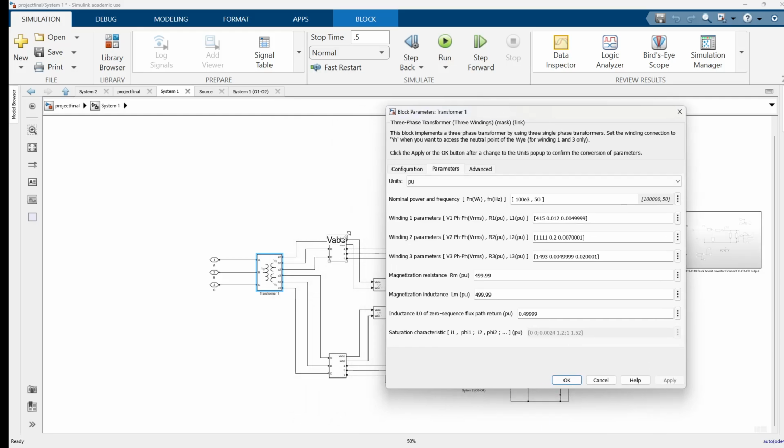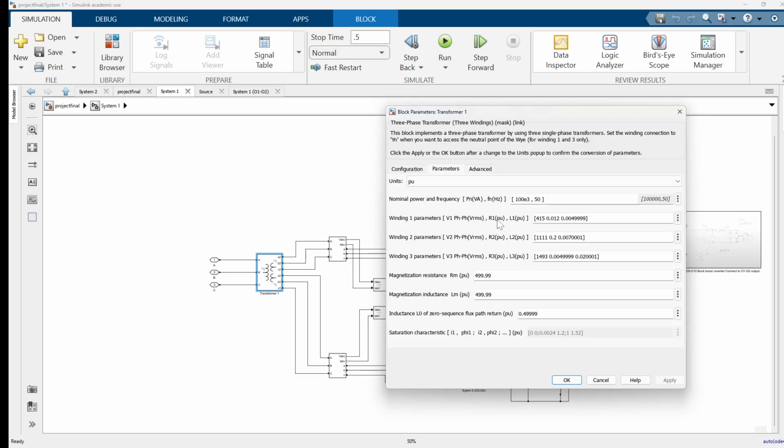This one will have an output of 1111, and this one will have an output of 1493. So we are using a transformer where we have 415 volt at incoming, and at the secondary side we are stepping up to 1100 and 1400 volts.